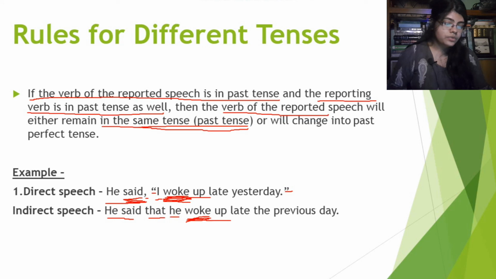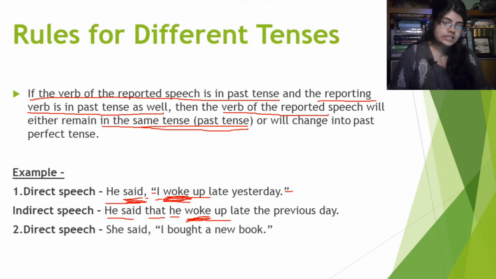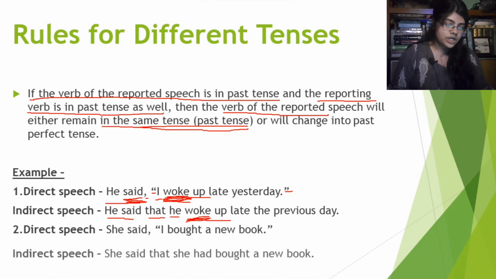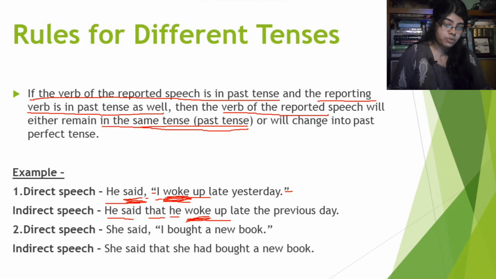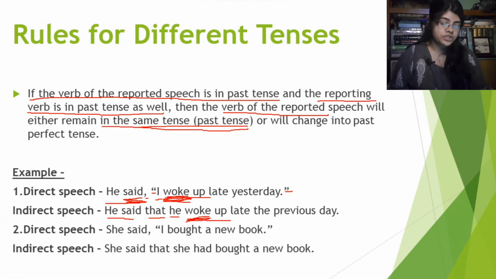Now, what is the other possibility? She said, "I bought a new book." In indirect speech, she said that she had bought a new book. Here I use the other possibility, which is the verb will change into past perfect tense.